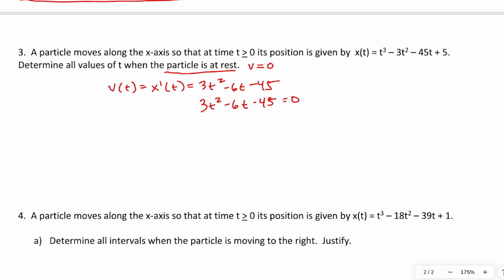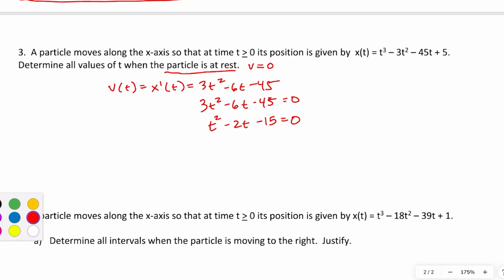And with quadratics, you want them set equal to 0 when you solve them anyway. Then you want to look for any GCFs that you could potentially divide out. In this case, we can divide out a 3. So if I divide both sides by 3, I'm going to get t squared minus 2t minus 15 equals 0. And now the factoring becomes a little bit easier.